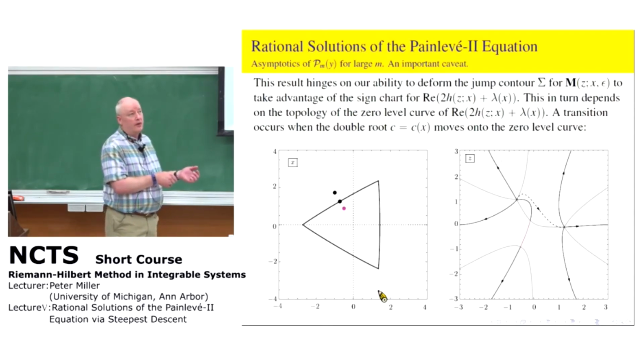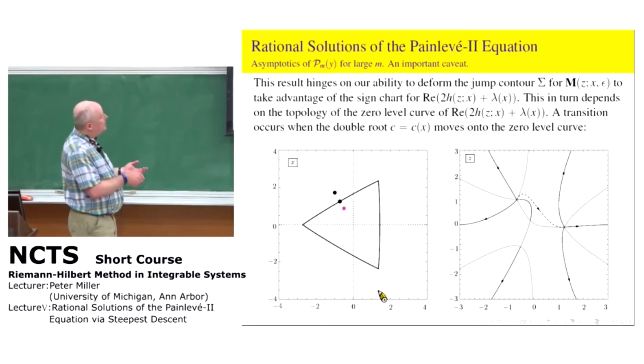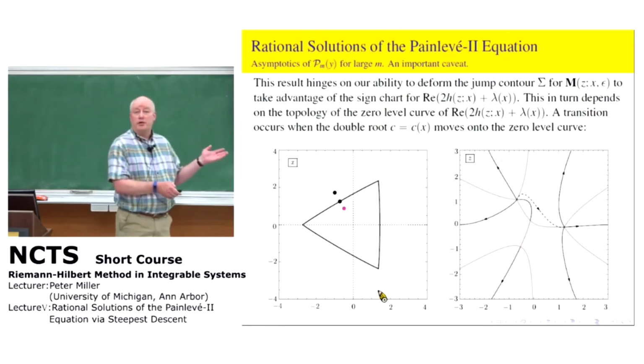Okay, so what I'm trying to say is that as long as we are in this exterior region, then we can make the deformation so that our contour is in the right parts of the sign chart. And if I somehow try to pull in x too close to the origin, then I have a situation like this, and there's no way for me to orient these contours on this picture so as to obtain the exponential decay that I need in order to get that formula to be true.